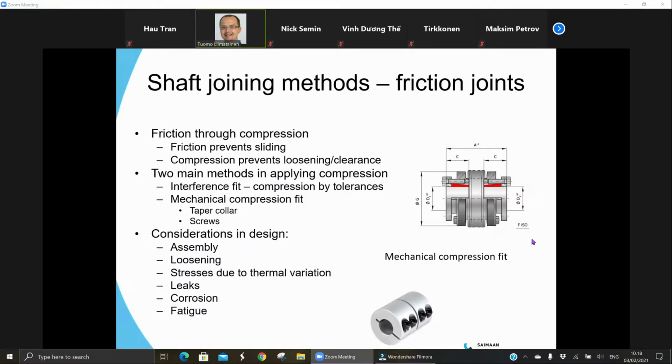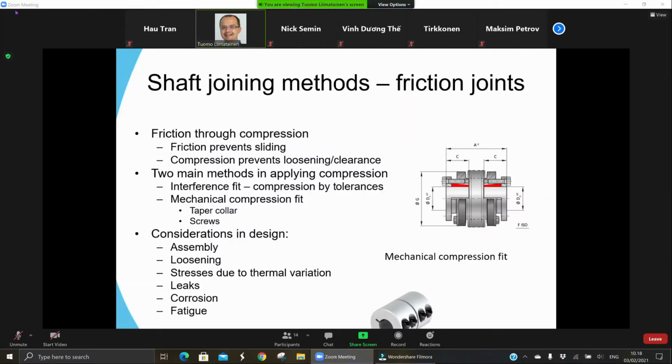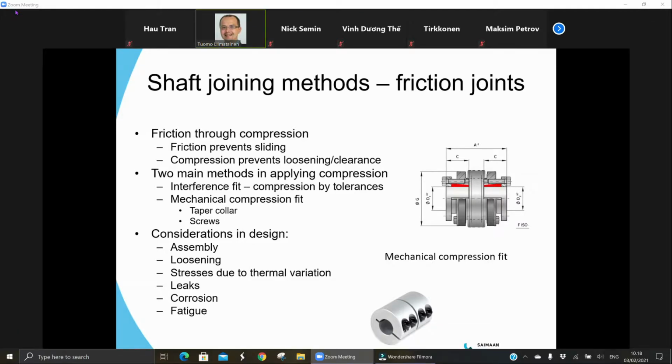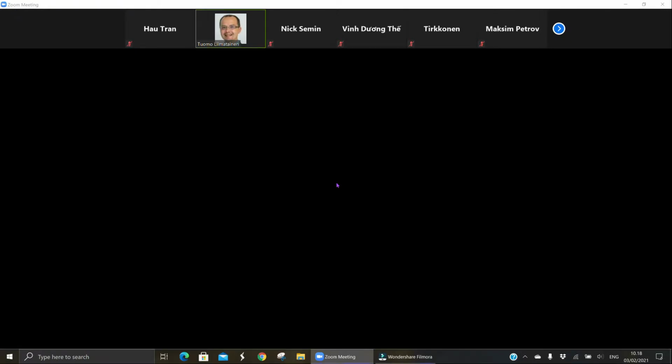As you probably know, the torque resistance of a shaft is proportional to the diameter to the power of 3, which means that when the diameter is doubled, the torque resistance is basically 8-fold.